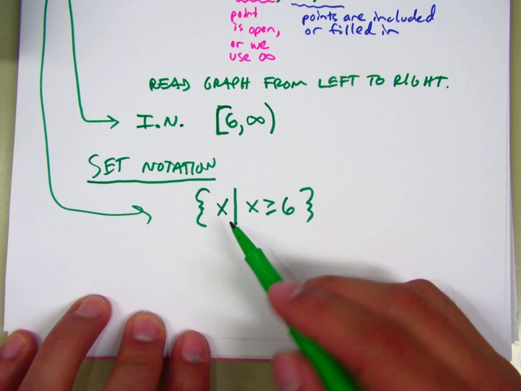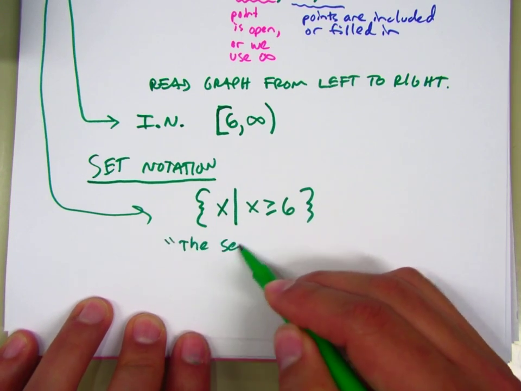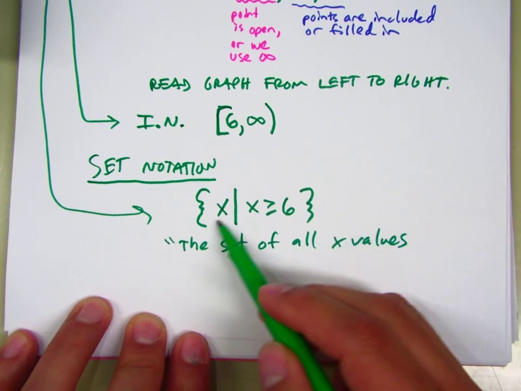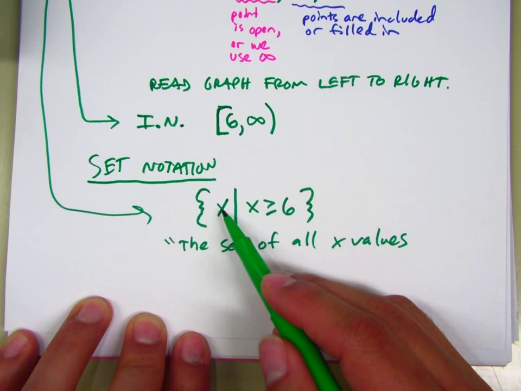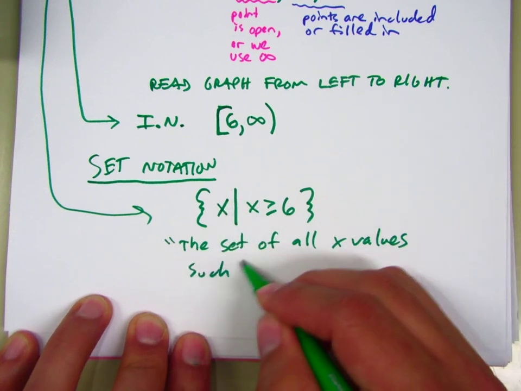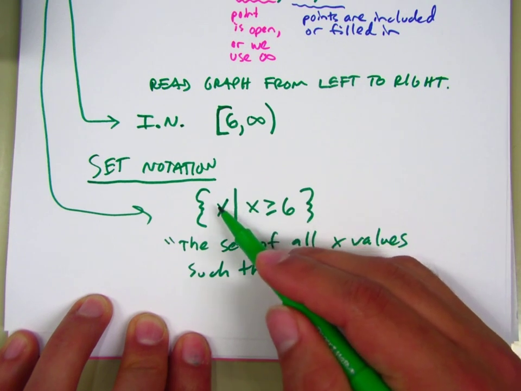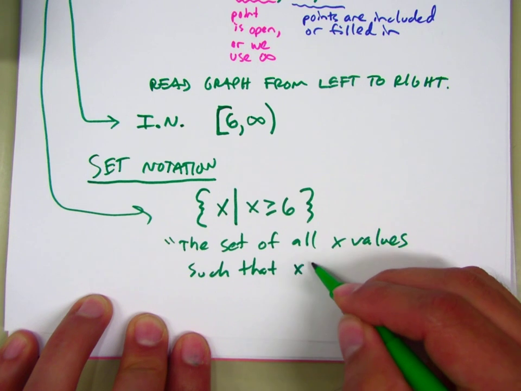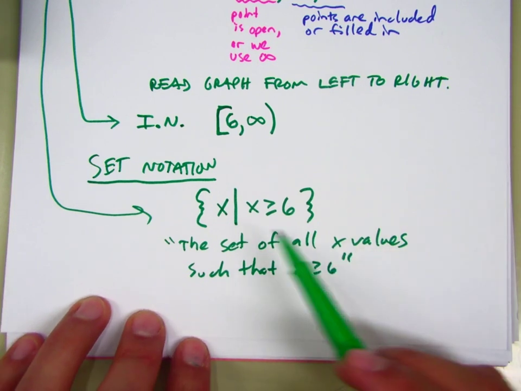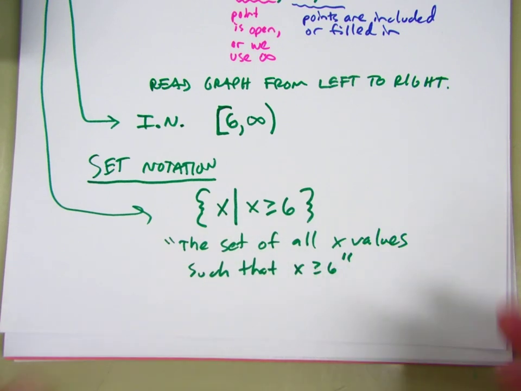The way that you would read this is the set of all x values. This means our variable is x, and we're looking at all the x's such that, that's what the vertical line means, x is greater than or equal to 6. It's a little bit redundant, but it's an old school mathematical way to describe an entire set. So that's how you would use set notation.